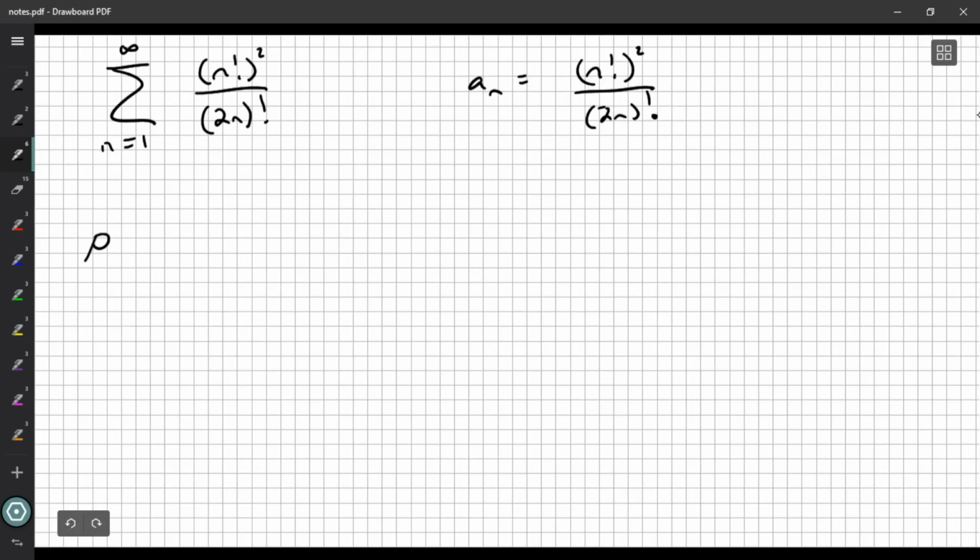Okay. So for the ratio test, we need to compute rho, the limit of a_{n+1} over a_n. But we know what a_n and therefore a_{n+1} look like.